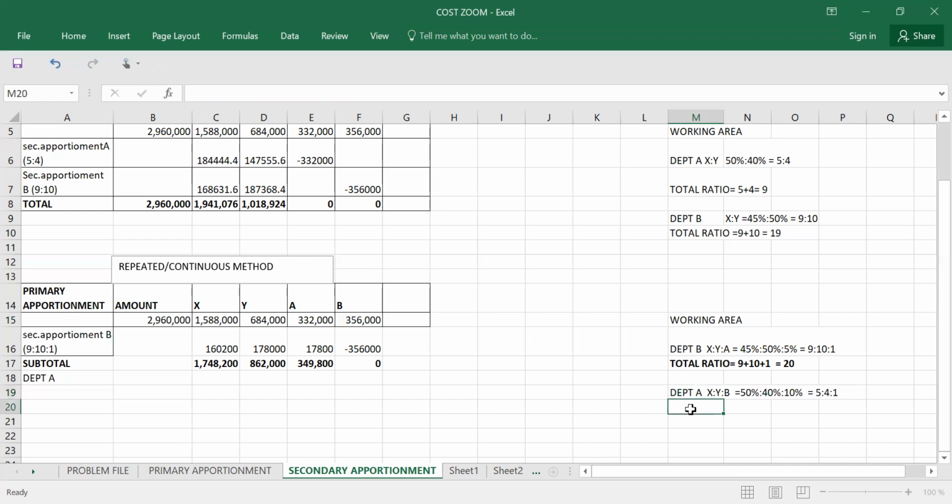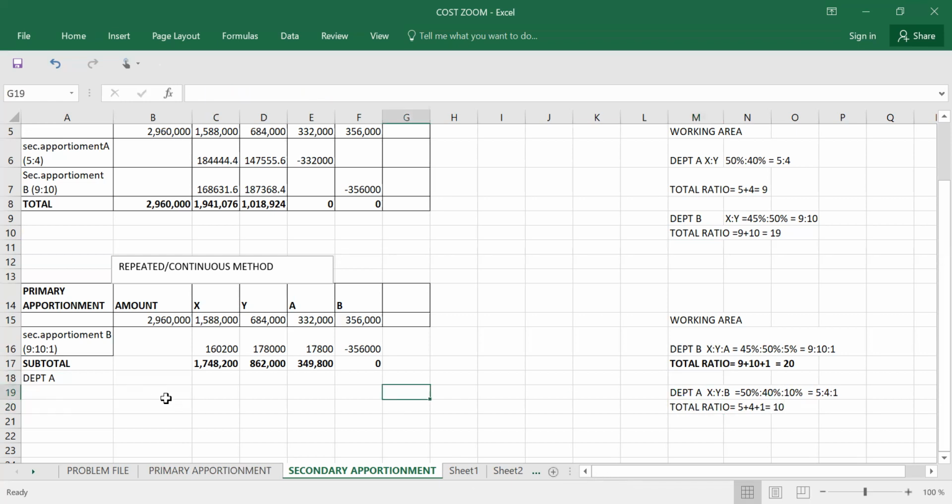And then our total ratio will equal, we are saying 5 plus 4 plus 1. And that gives us 10.